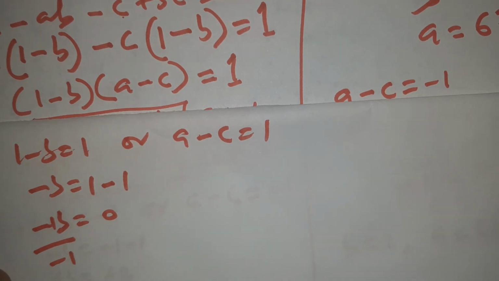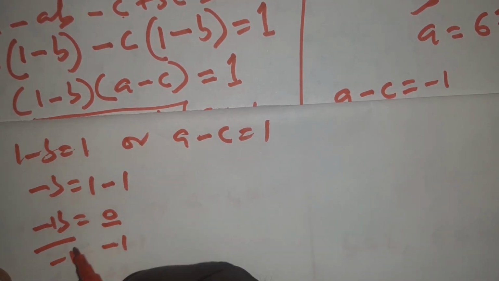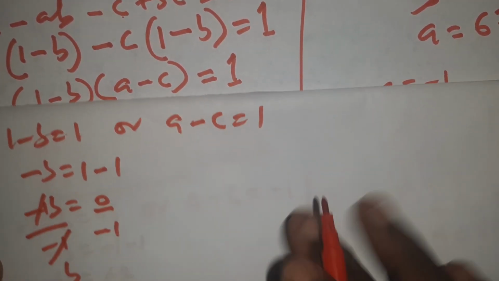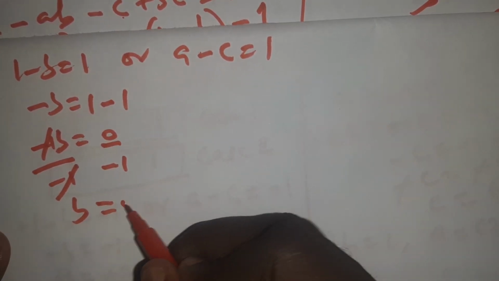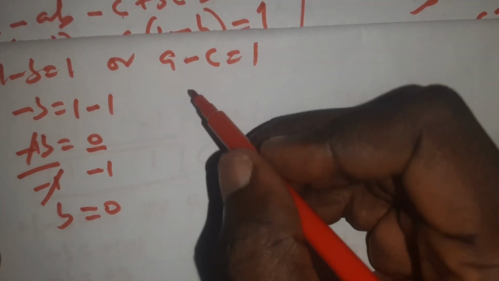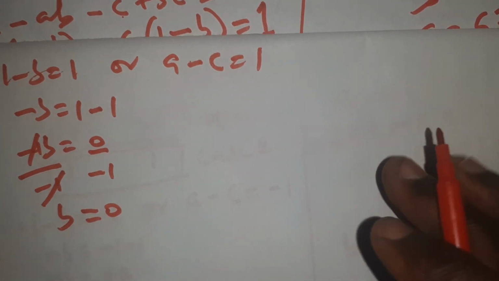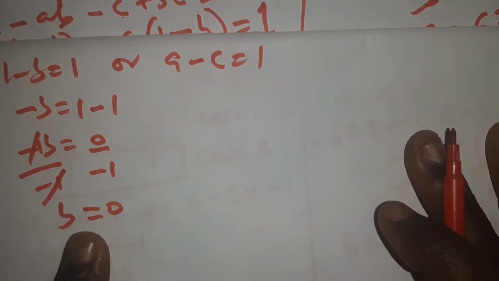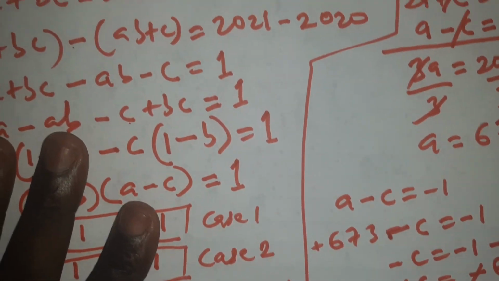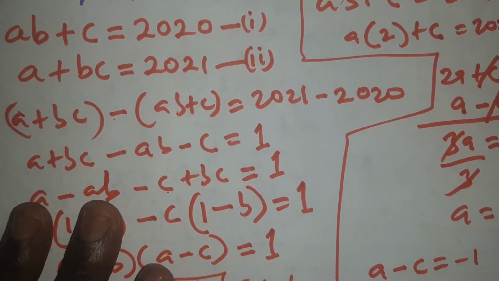Divide both sides by minus 1, so minus 1 cancels minus 1, and your B will now be equal to 0. Then we have A minus C equals 1. We can still substitute the value of B, which is 0, into equation 1, and then we can get the value of C.